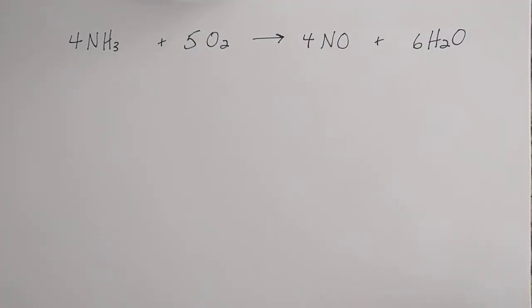So here is our equation. We have 4NH3 plus 5O2 yields 4NO plus 6H2O. So let's talk about what these coefficients mean. So these are a counting number ratio.